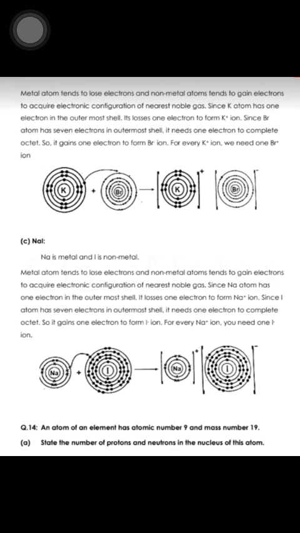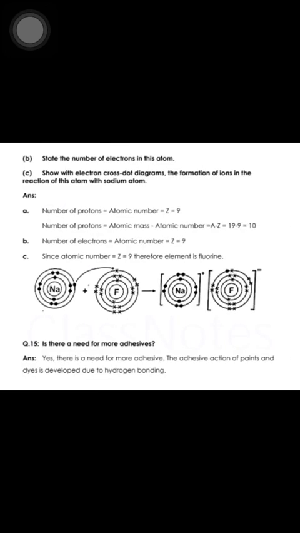Hopefully you understand all these concepts. Now I will go to question number 14, that is, an atom of an element has atomic number 9 and mass number 19. We have to tell its proton number and neutron number, and also we have to discuss its number of electrons.